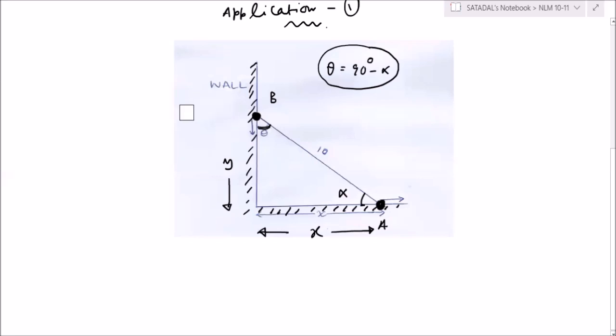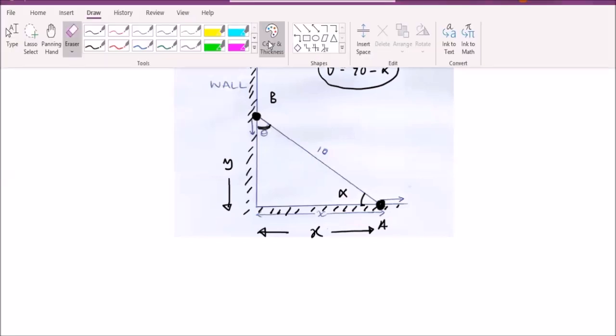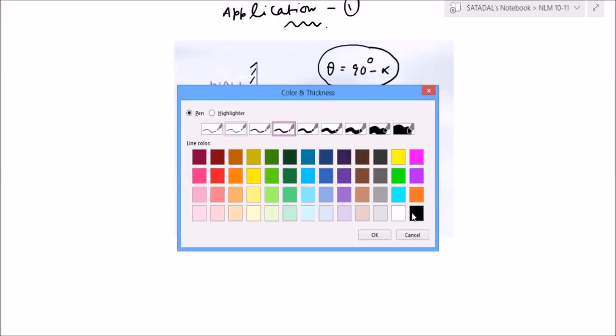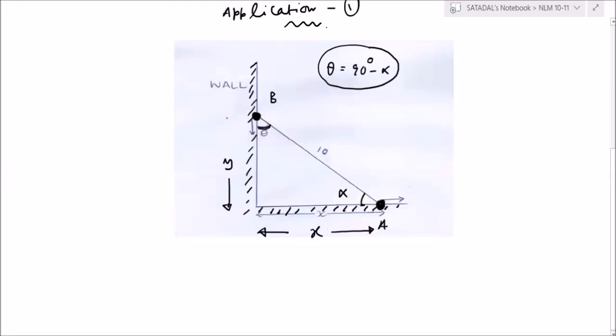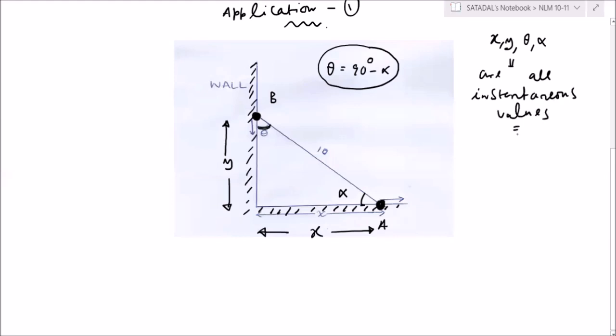Remember one thing, all these values I'm writing, x, y, alpha, theta, these are all instantaneous values. Please don't forget it. So I will note it here. X, Y, theta, alpha are all instantaneous values. All right.